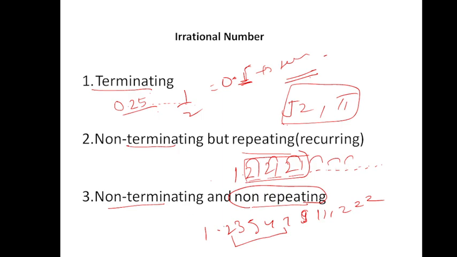Here after the decimal, 2 3 and 5 4 7 9 1 1. So here is an example of a non-terminating and non-repeating number.